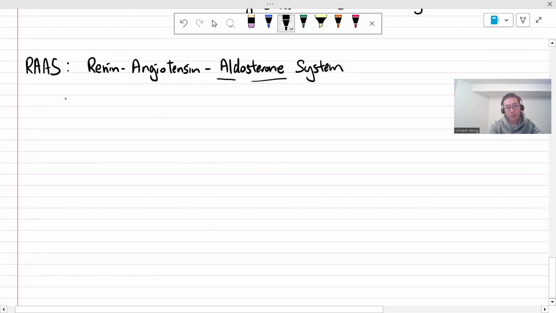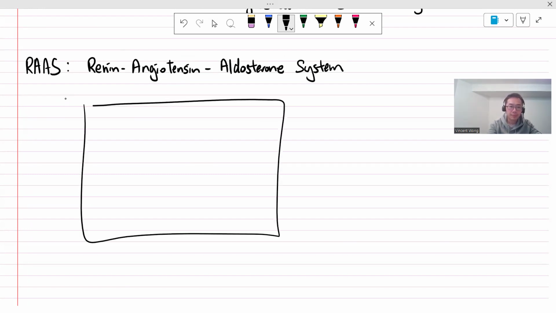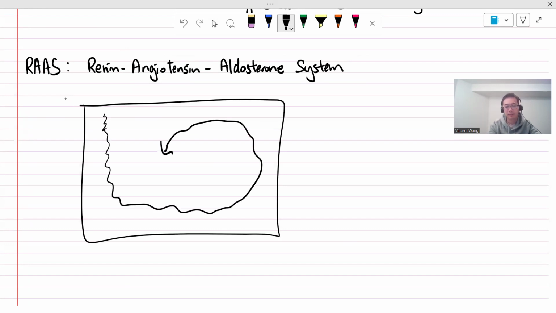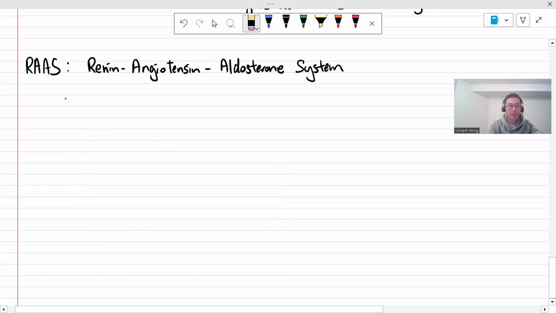And then aldosterone: aldo, like the shoe brand, sterone, like testosterone, progesterone. It's a steroid hormone. So the RAS system. I would start here, and then go here, and then loop back like that. That's generally how it goes, in case you're planning for space.